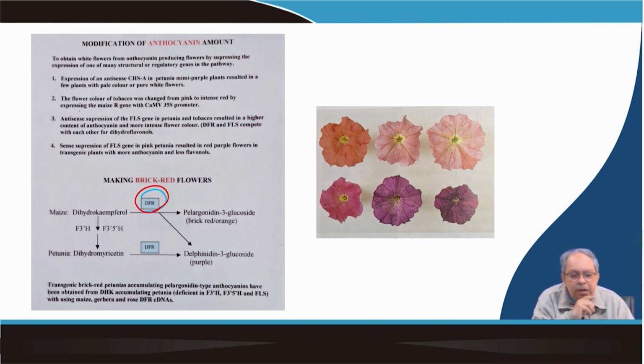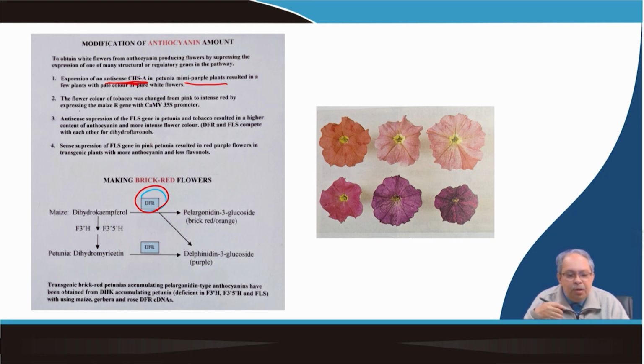What we see is that expression of CHS, chalcone synthase, in petunia, many purple plants, resulted in a few plants with pale color or pure white color. This is antisense: when you block chalcone synthase, that is the first step, you are blocking the entire pathway, so coloration will theoretically be suppressed, and in practice it also happens.